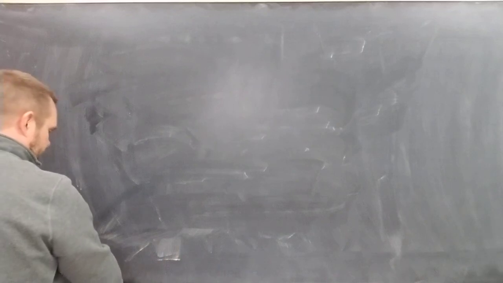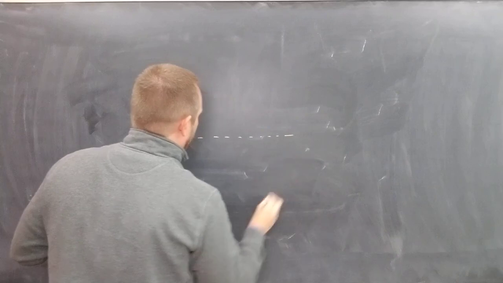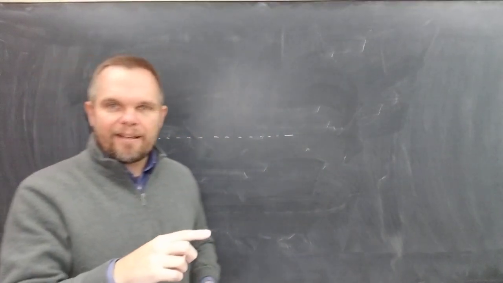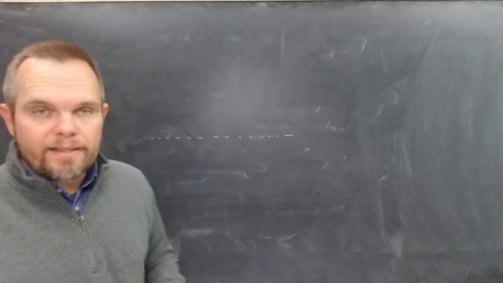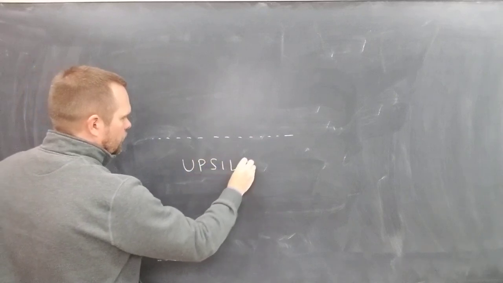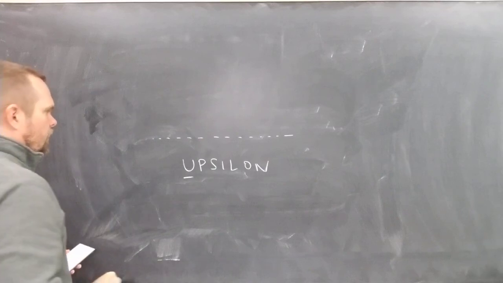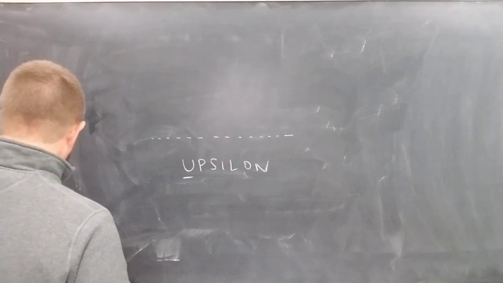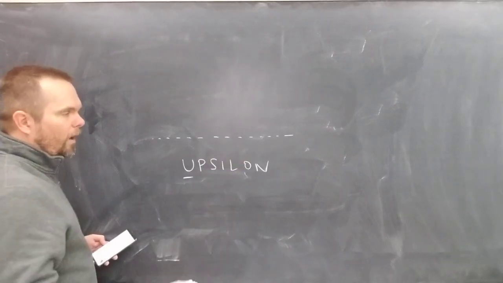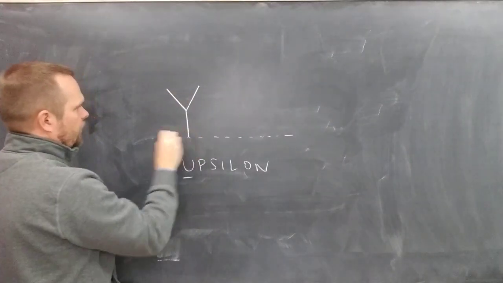Getting close to the end now. The next letter in the alphabet is another vowel. Before we saw epsilon, and we learned it means e simple or e light. Here we learn upsilon. The uppercase form looks like a capital Y in English, so draw a V and a vertical line.